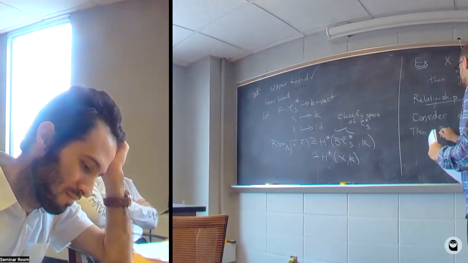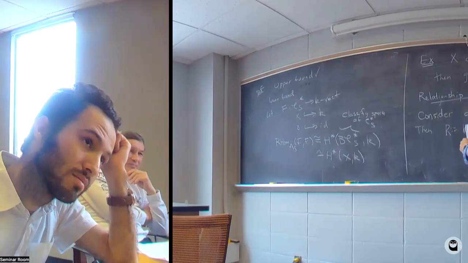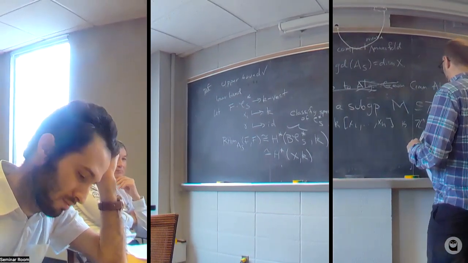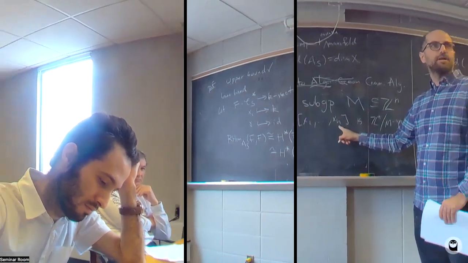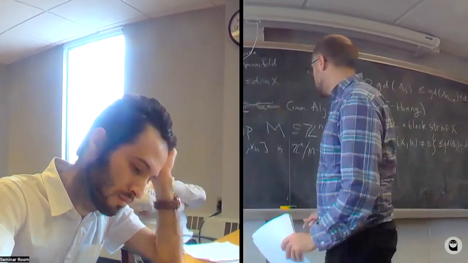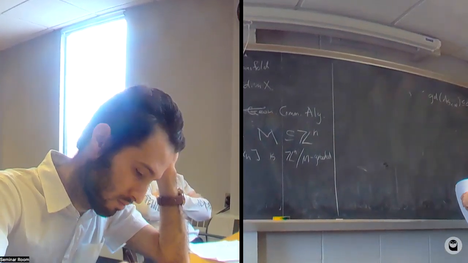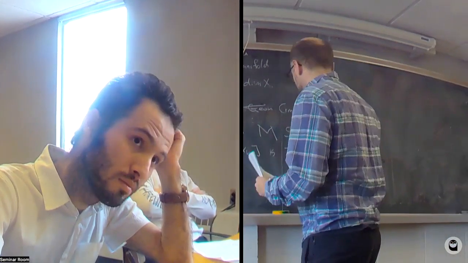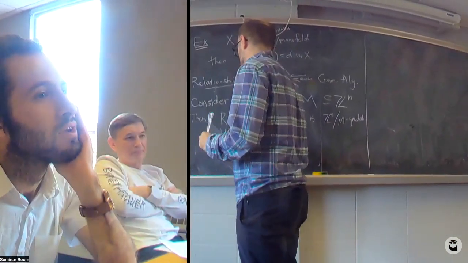Then R is going to be the polynomial ring in n variables, and it inherits a Z^n/M grading, because this has a natural Z^n grading, and then you can take any quotient grading. So this is the multigraded polynomial ring.